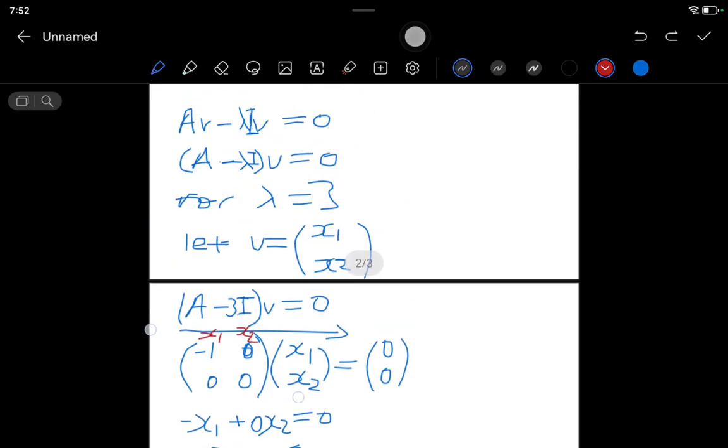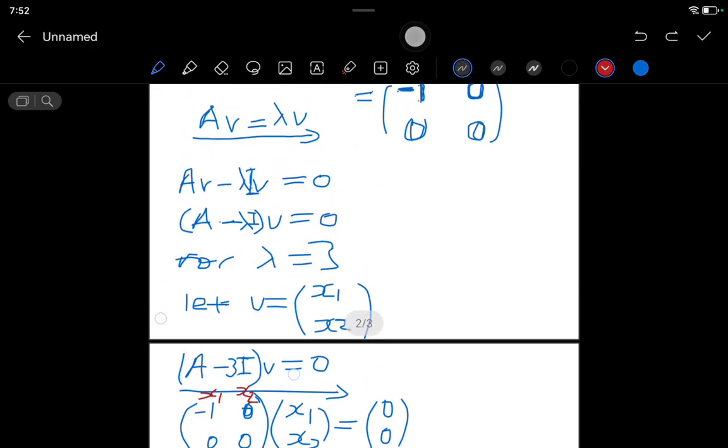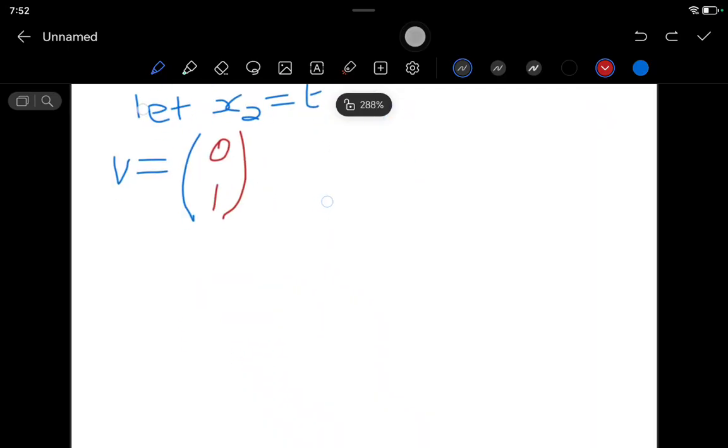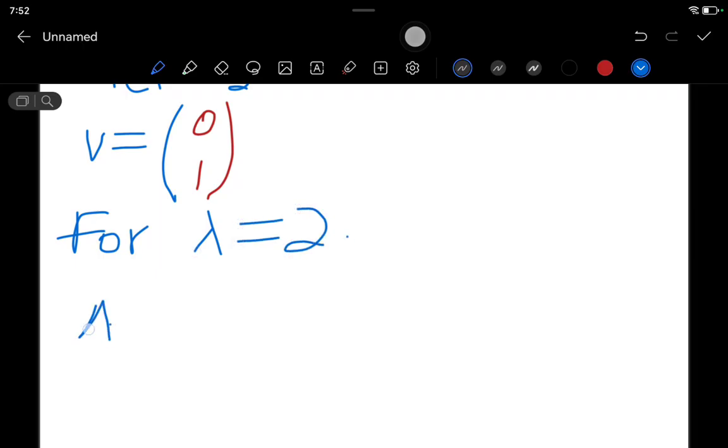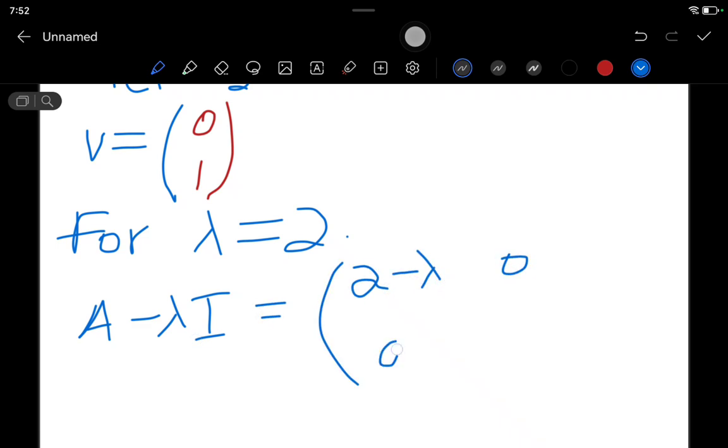Now we say for lambda equals 2. Remember before we had that A minus lambda I is equal to 2 minus lambda 0 0 3 minus lambda.